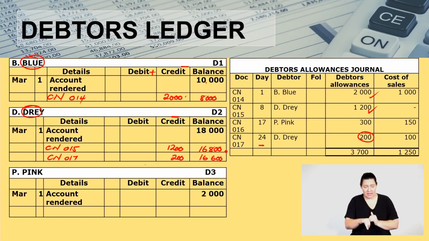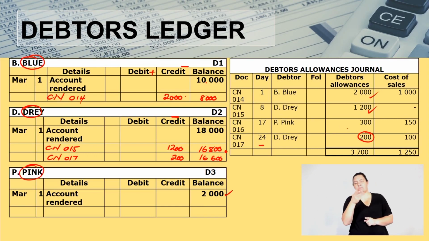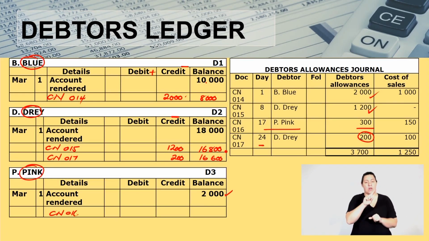After Dre, let's go to P Pink. P Pink was already owing us 2,000. But P Pink returned goods, remember, of 300. So I'm going to record again my credit note, number 16. I'm bringing it to the minus side, and then I have my 300. 2,000 minus 300, 1,700.